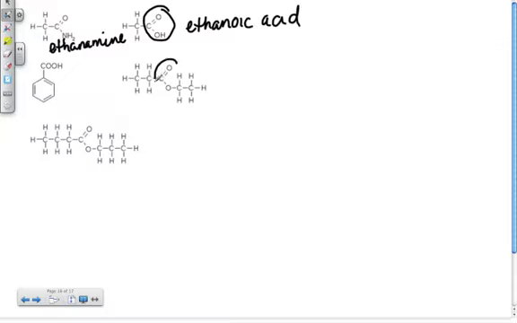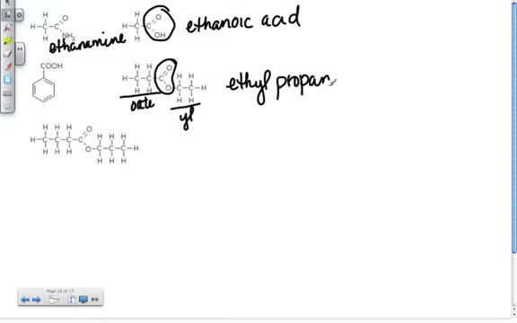Here I have a COO in the middle. That's my ester. Remember with the ester, the last part of the name comes from an alcohol with a YL ending. The first part of the name comes from the organic acid with an OATE ending. So this is going to be ethyl, came from the alcohol, 1, 2, 3 carbons, propanoate.